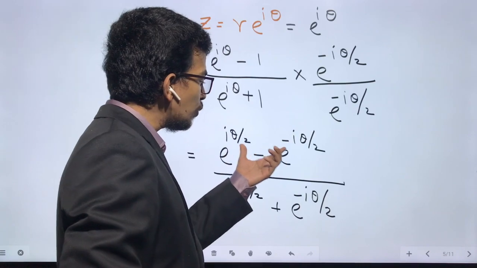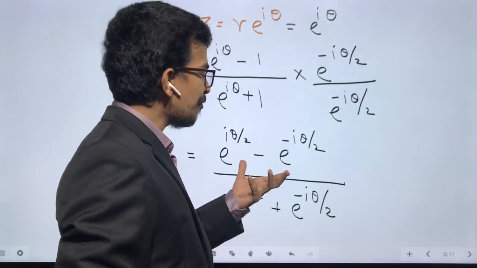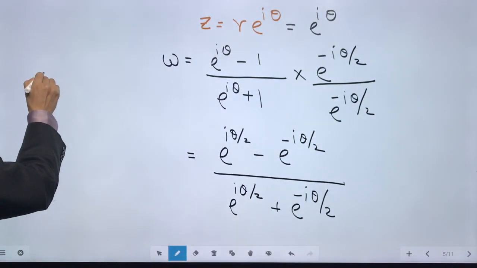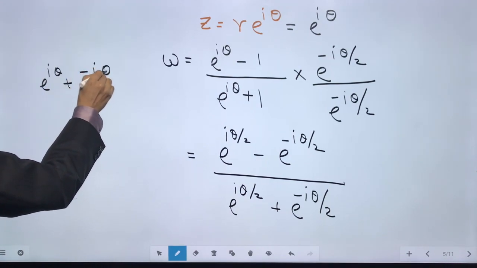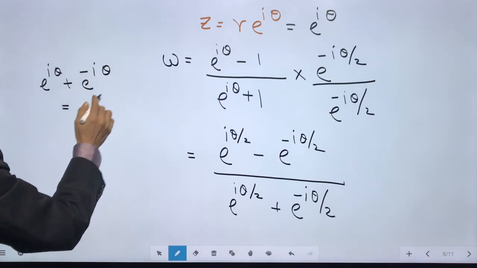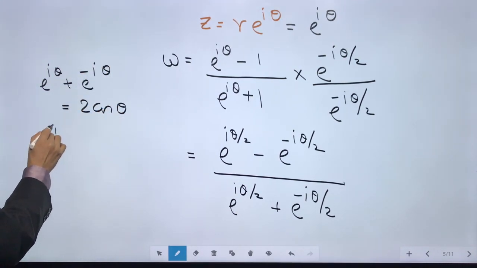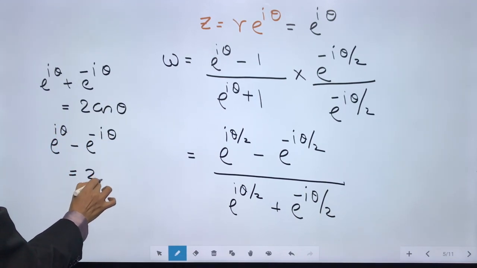This has come to us in a favorable way, because e raised to i theta plus e raised to minus i theta, we know the real parts get added up and imaginary parts get cancelled off. This is 2 cos theta, and e raised to i theta minus e raised to minus i theta is 2i sin theta.